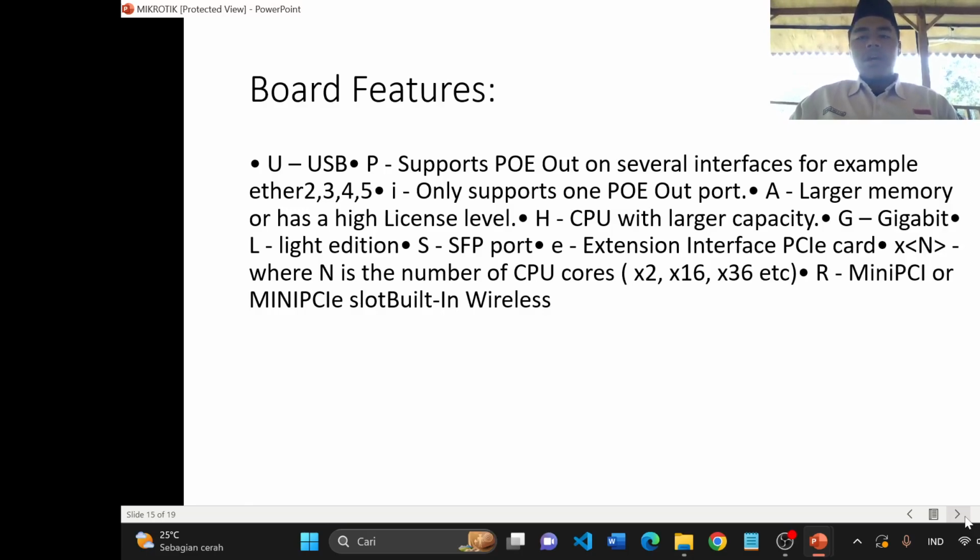G: Gigabit. L: Light edition. S: SFP port. E: extension interface. PCI card. X, where N is the number of CPU cores, like 2, 16, 36, etc. R: Mini PCI or mini PCIe slot with built-in wireless.